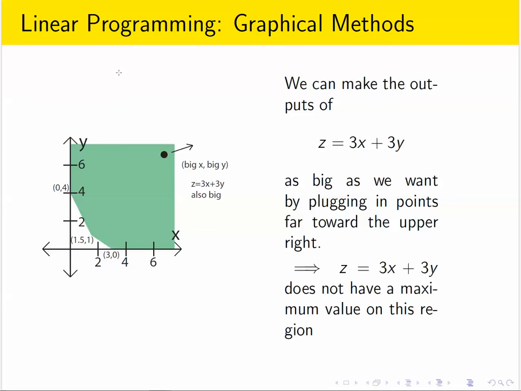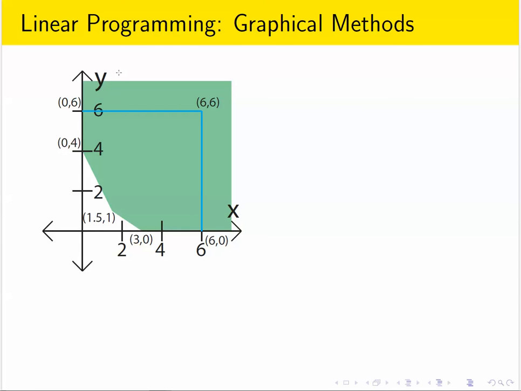Well, what we need to do to answer a question like this is to make the region bounded by drawing some extra edges. What we typically do is draw a couple artificial edges that are big enough that we chop off part of the region, but we don't chop off any of the corners that were already present.